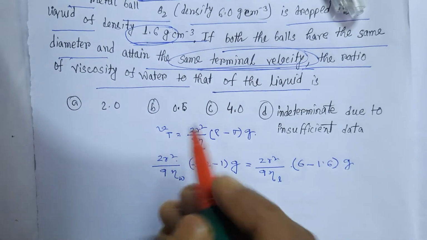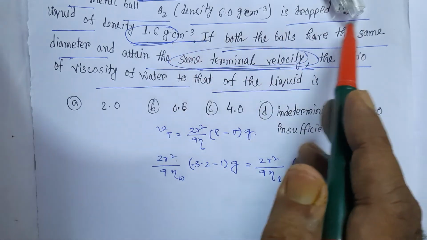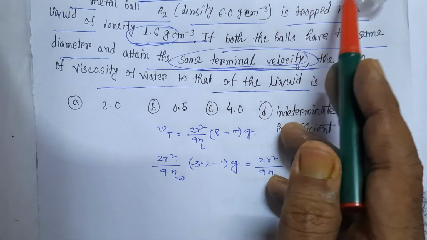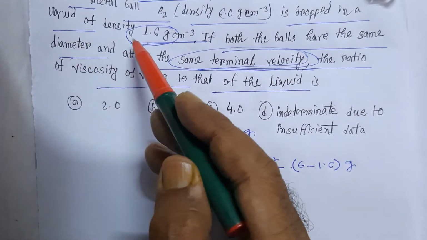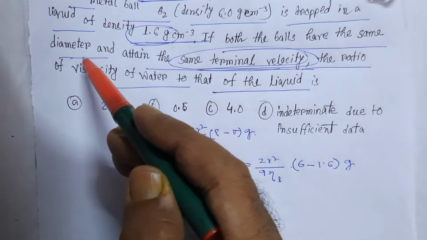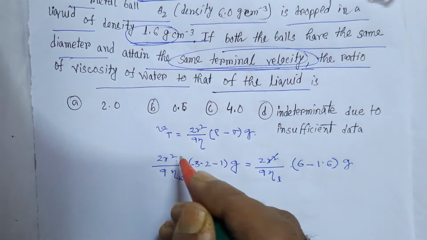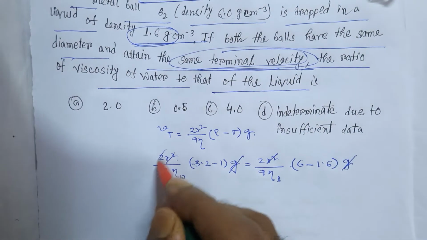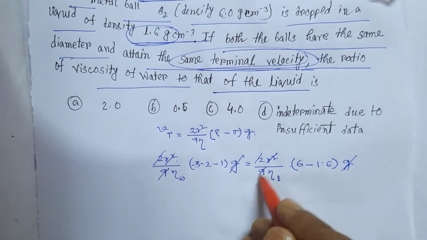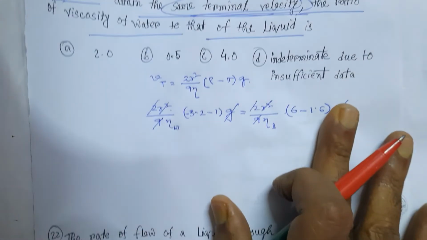Both the balls have the same diameter, so the radius is the same and may be cancelled out. g is also cancelled out, 2 is also cancelled out, 9 is also cancelled out from the denominator.